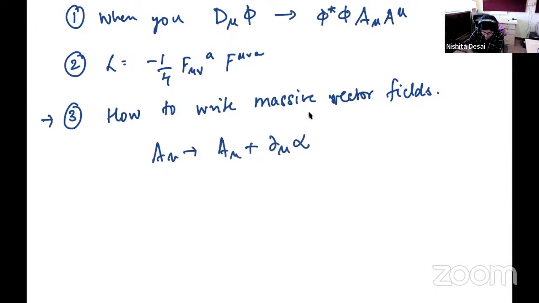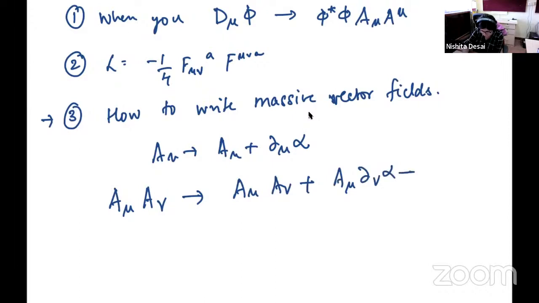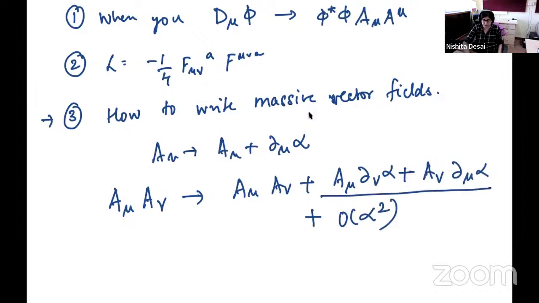If you have a term that looks like A_mu A^mu, which would have been your traditional mass term, this will give you A_mu A^mu plus terms of order alpha squared, which you can ignore. But you still have these two extra terms, which means this term is not gauge invariant.